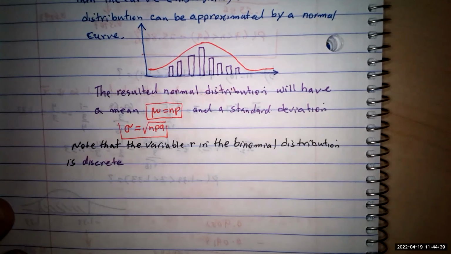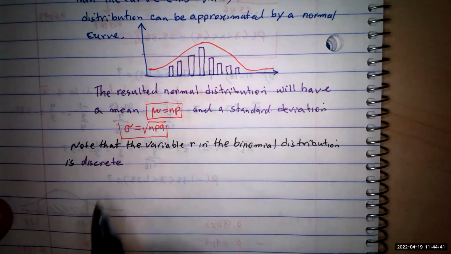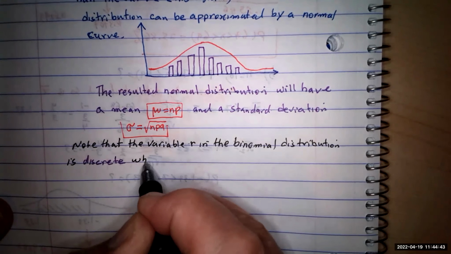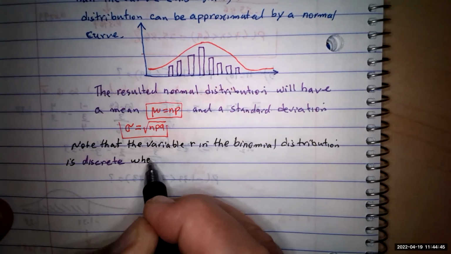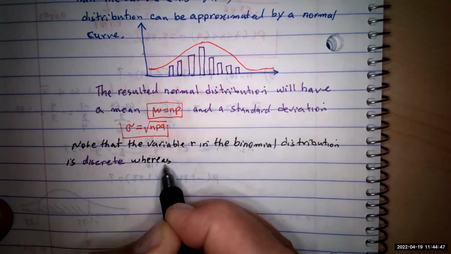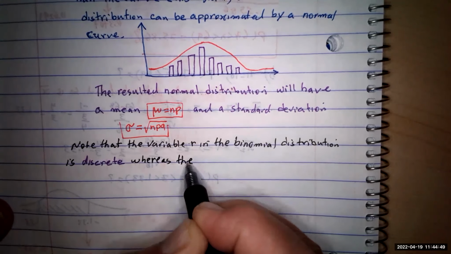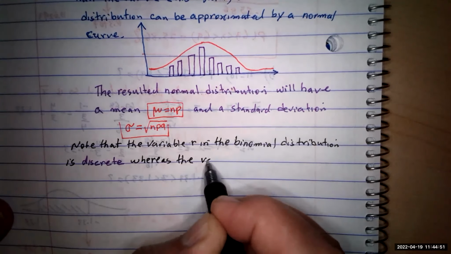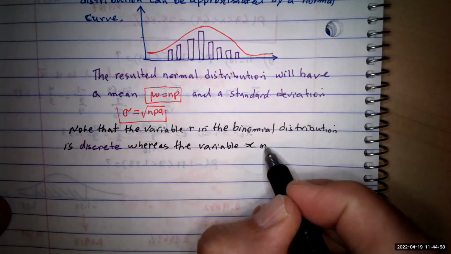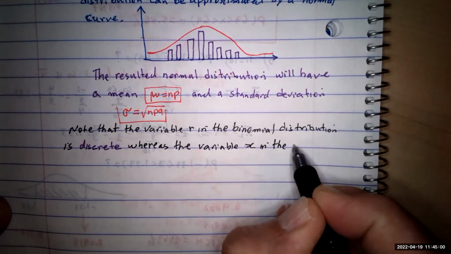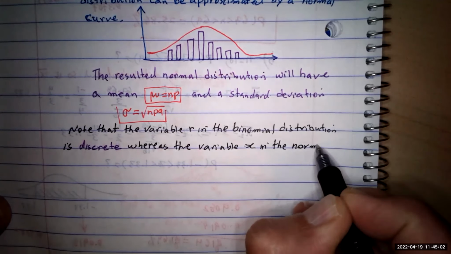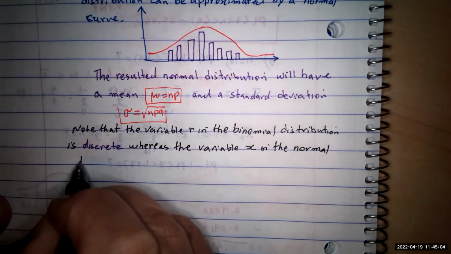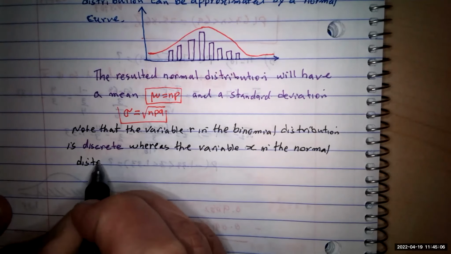Whereas the variable X in the normal distribution, where we use the different notation, is continuous.